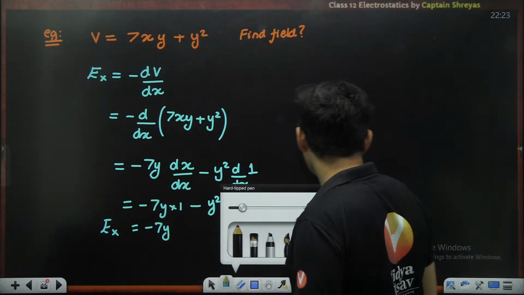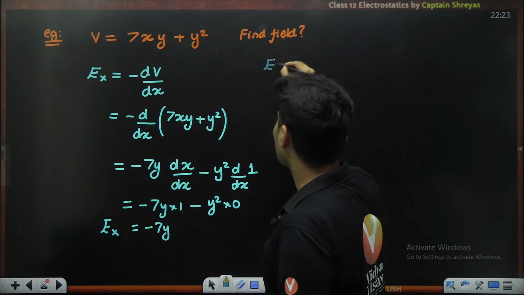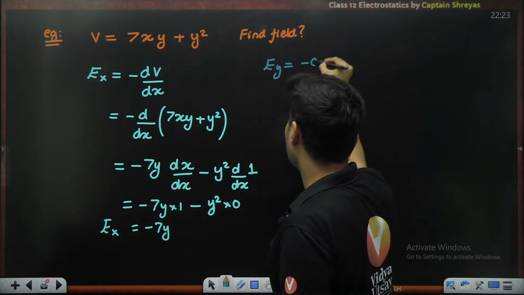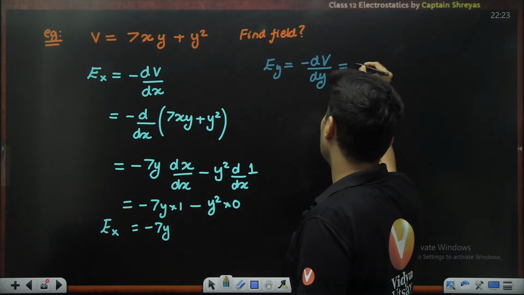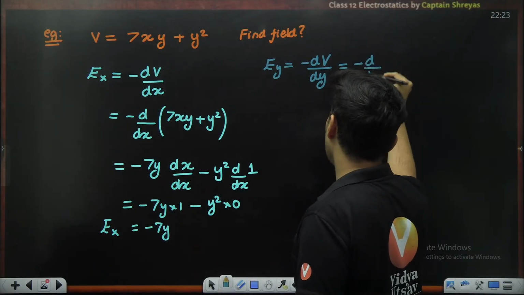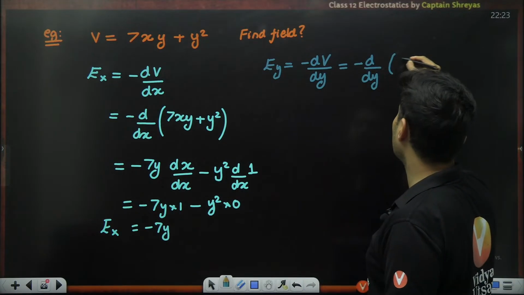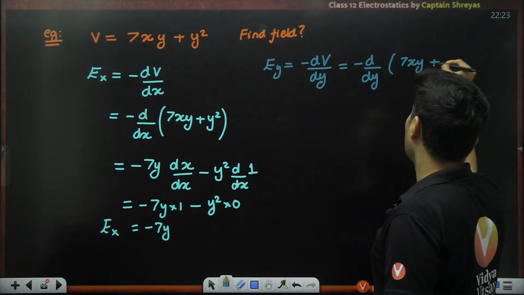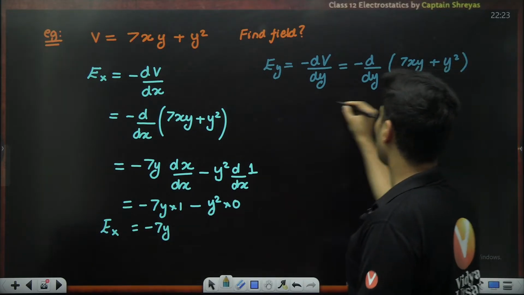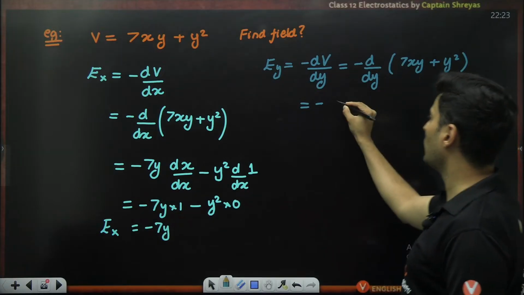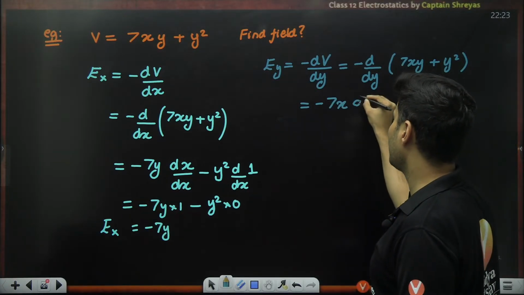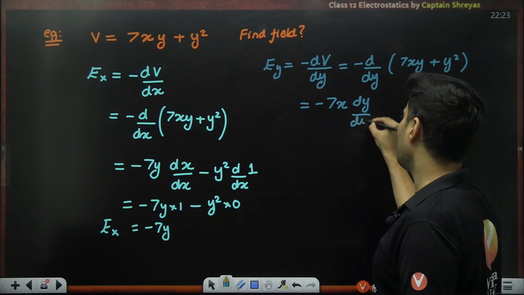Same way, when you try to find Ey, electric field in y-axis, take the derivative of the voltage with respect to y. So it will be minus d by dy of this whole thing, 7xy plus y square. Separate out the terms. Everything apart from y is a constant. So minus 7x is a constant, so dy by dy.